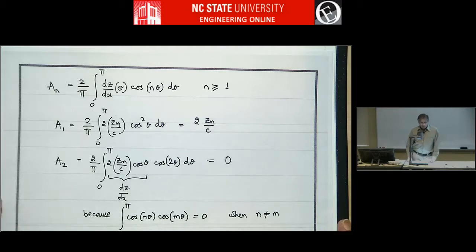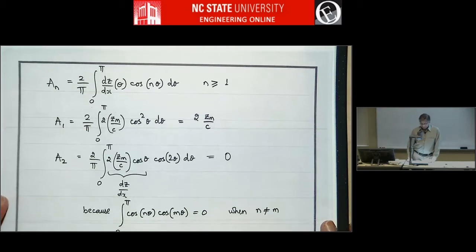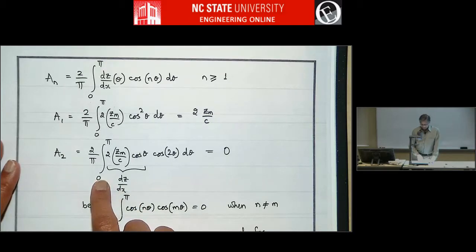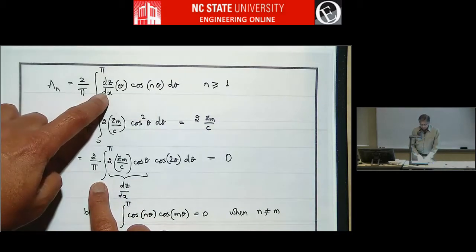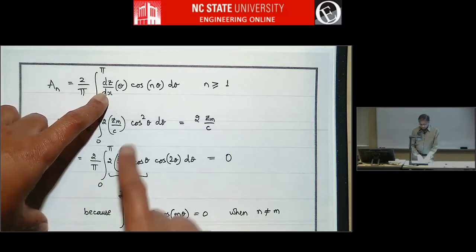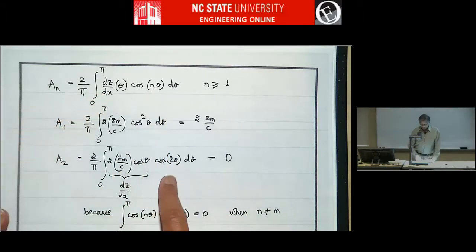And then when you go to all the other a's, something really neat happens, and this is all the result of choosing a great transformation, right? The simplification happens because somebody thought through this really well and came up with a good transformation. So A2 is dz/dx times cosine 2 theta in the integral, right?